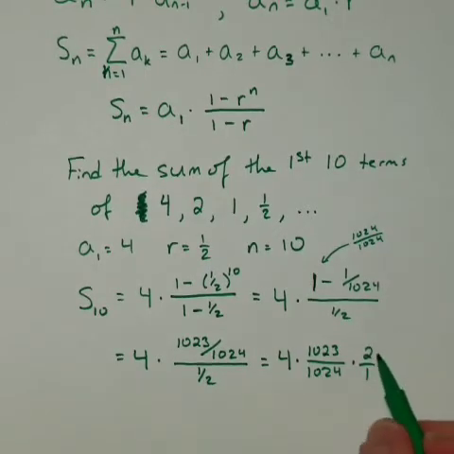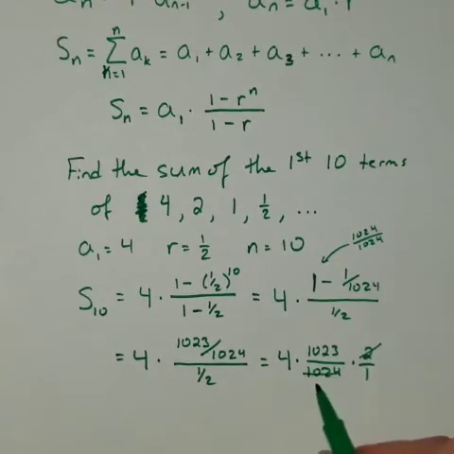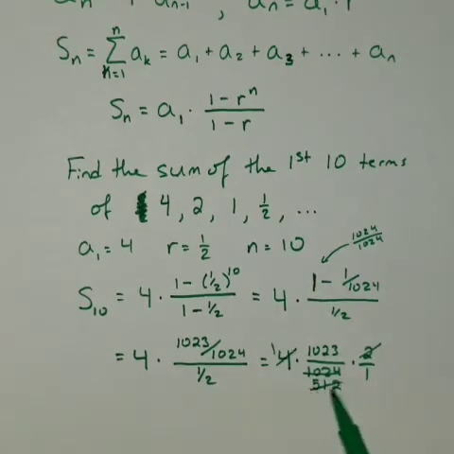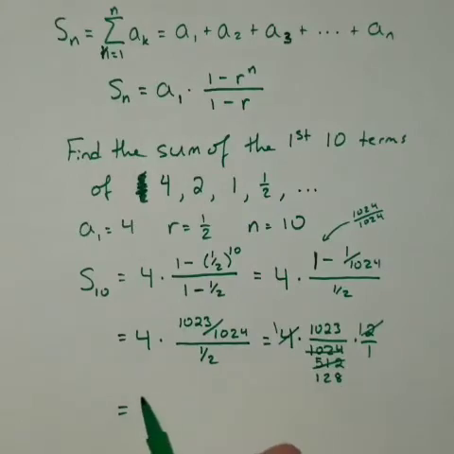I'm going to do a quick canceling here. I know that 2 goes into 1024 512 times, and then 4 goes into 512 128 times. So that becomes 128. And so really what I'm left with is 1023 over 128.